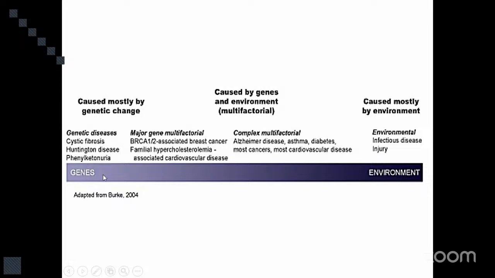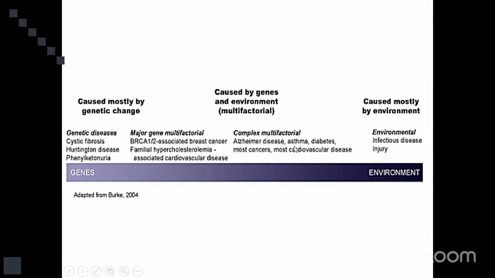In major gene multifactorial, you have BRCA1 and BRCA2, genes that predispose to breast cancer, and familial hypercholesterolemia associated with cardiovascular disease. Remember that while the body metabolizes and produces cholesterol, we essentially consume it from the environment. That is why we tell people to reduce eating this and that so that you don't get predisposed. Then you can see complex multifactorial, caused by genes and environment.